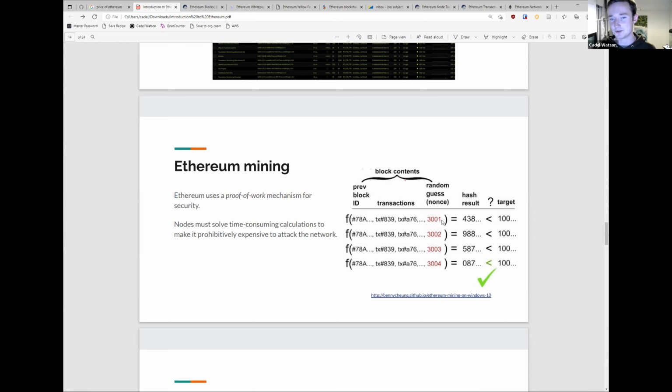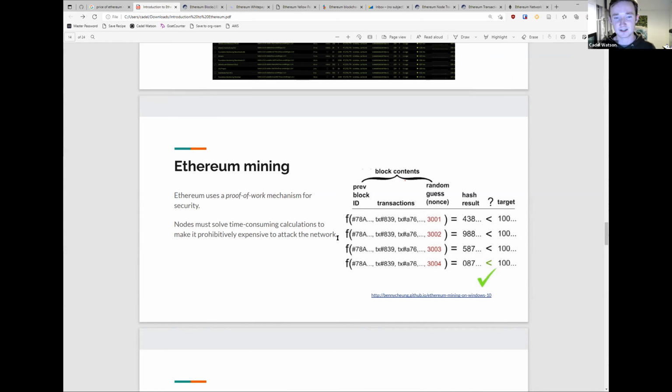Every block has to start with a certain number of zeros in its block hash. And miners race to find the number that results in a hash that's less than that difficulty. So it works exactly the same as Bitcoin. That's what you could see on that ETHstats page, right? The network hash power is how many total hashes the whole network can calculate every second in the pursuit of finding a new block.